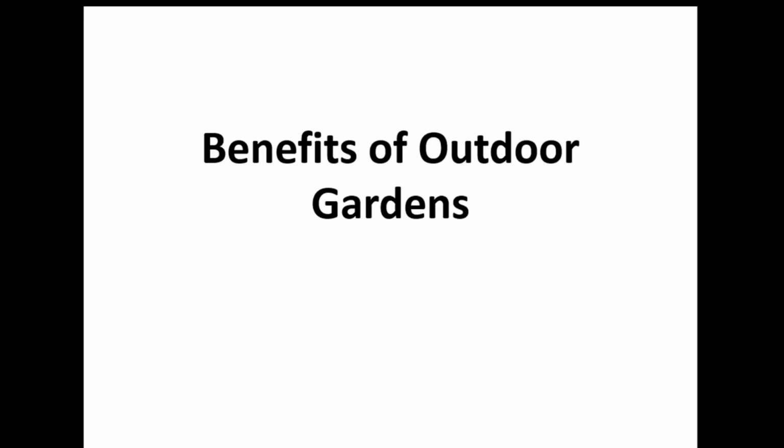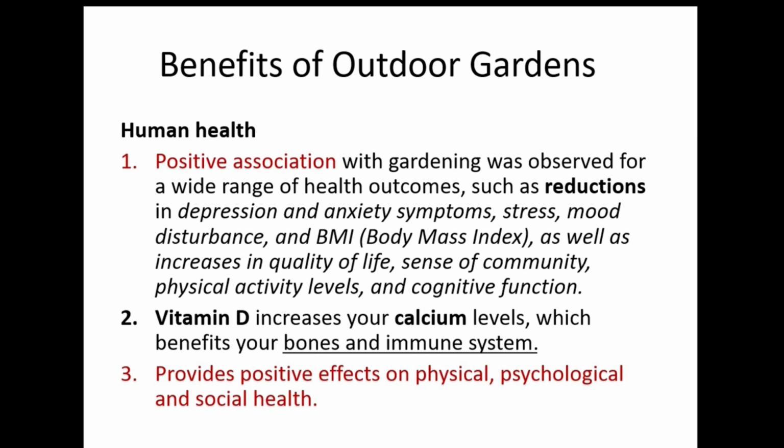Benefits of outdoor gardens. How are outdoor gardens beneficial? For example, human health. Mainly we are looking for health. It has to elevate our mood, mental health and physical health.